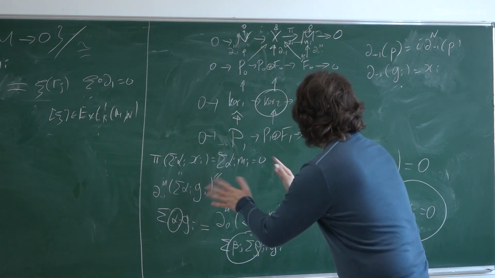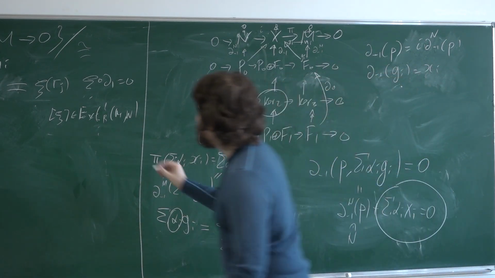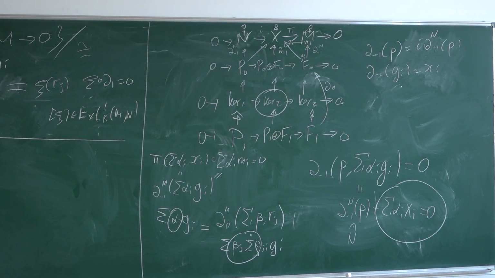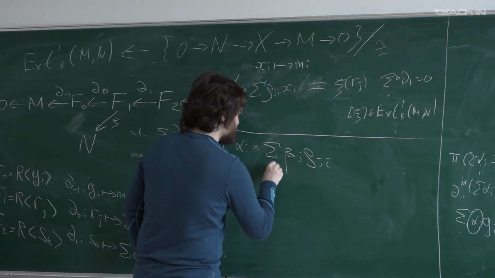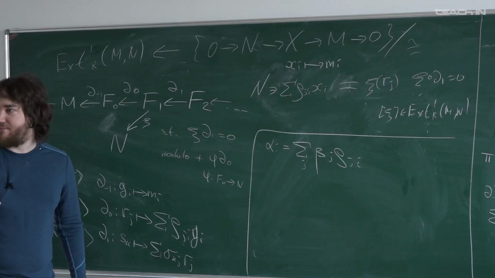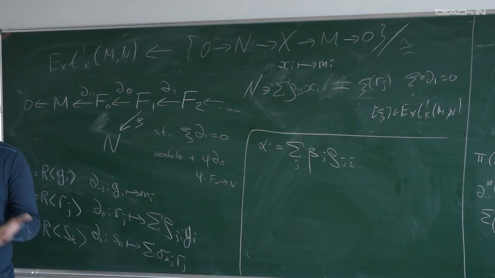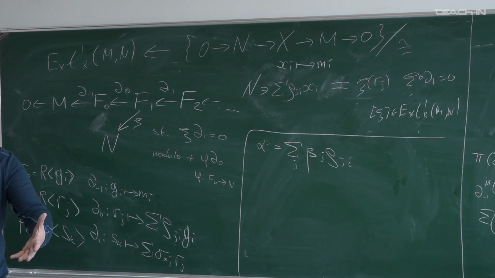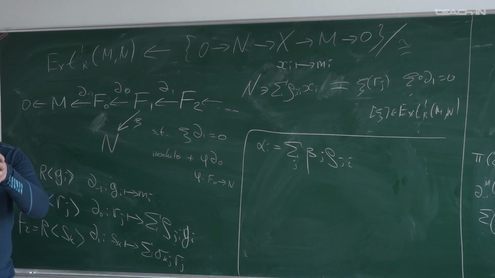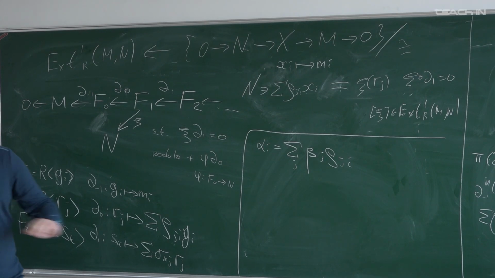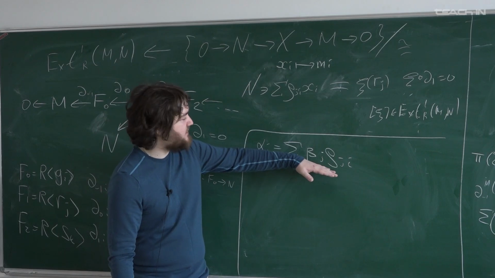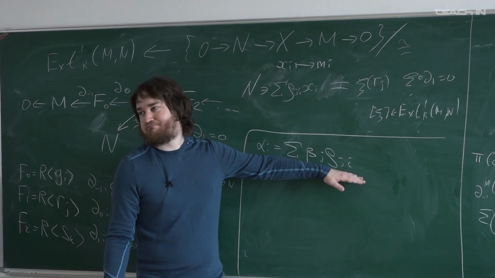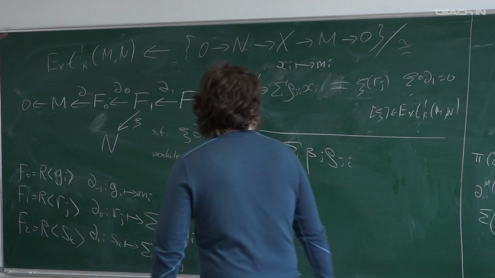This is equivalent to saying that the coefficients are sums of coefficients of basic relations, because it's a basis. The basic relations are a basis of the module of relations. All of these relations are linear combinations of basic relations. Any coefficient in my relation is a linear combination of coefficients of basic relations, by definition of my free resolution.